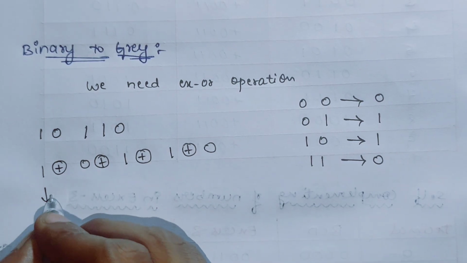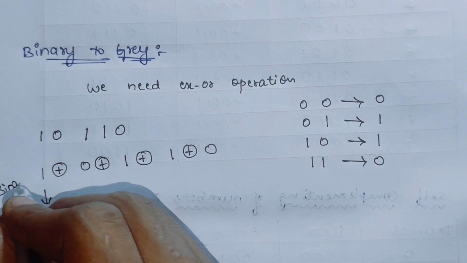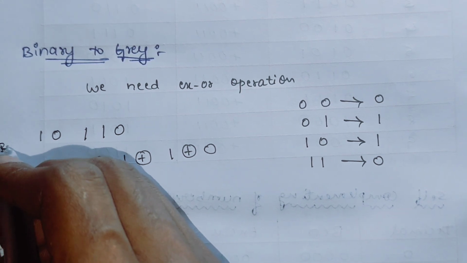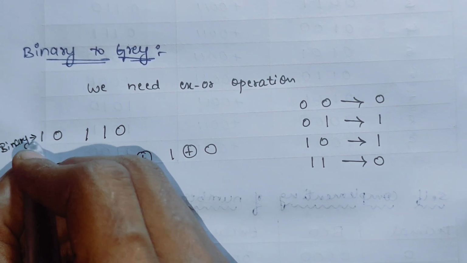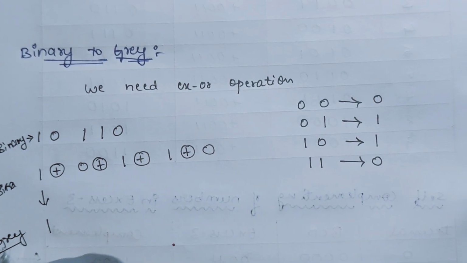This is the symbol for XOR, a plus surrounded by a circle. Initially, we should write 1 directly. Let's write this is binary, and this is gray.